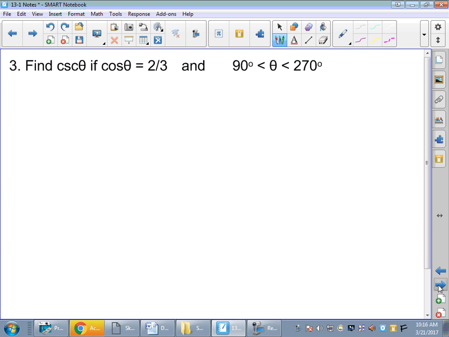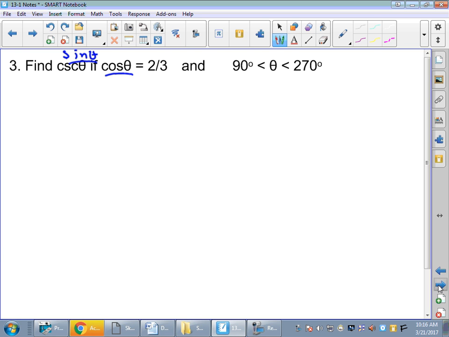We don't want to go to each buddy. We just want to change one of them. So I'm going to look at the sine of theta instead of cosecant. Is there a relationship between sine and cosine? And there is. So if I can find sine, I know there's a relationship between sine and cosecant. So this is just a little bit longer process.